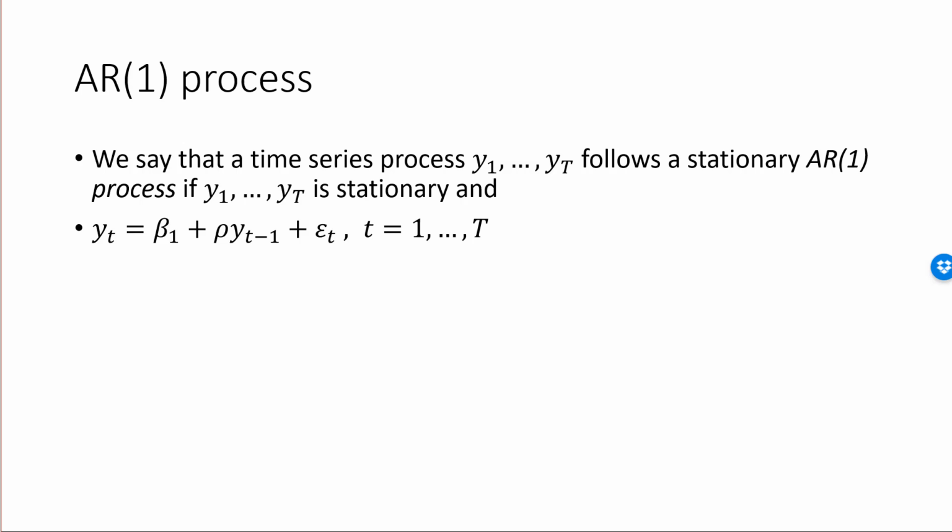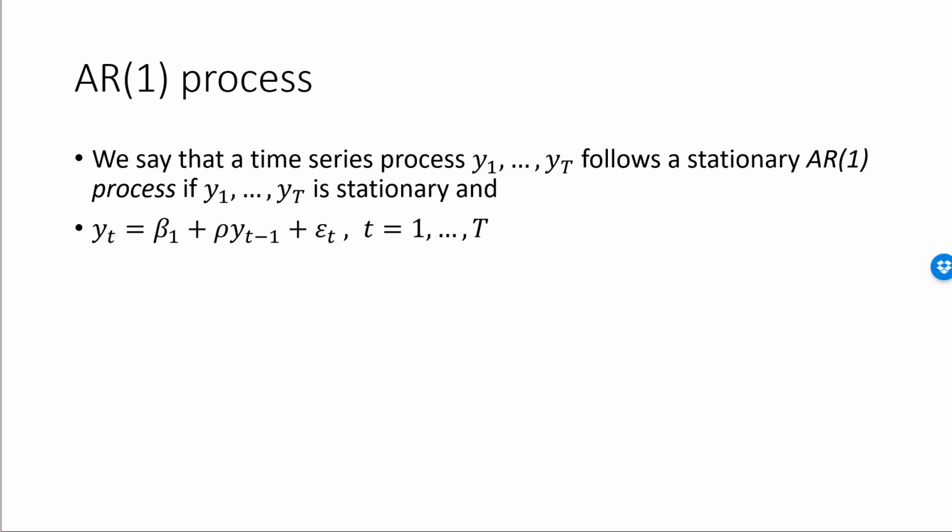So Y at time t is determined solely by its value in the previous period plus some error term, or we can also call it a shock to YT in period t. Now, this is certainly the most important process in time series analysis, and we will carefully study its properties and how these properties depend on these two parameters, beta 1 and rho.